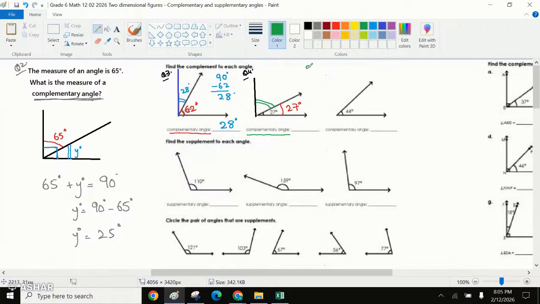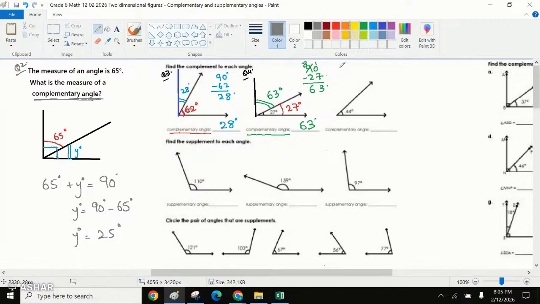So we can say 90 minus 27. 10 minus 7 would be 3, 8 minus 2 would be 6. So this comes out to be 63. We will look at supplementary and complementary, both the angles.